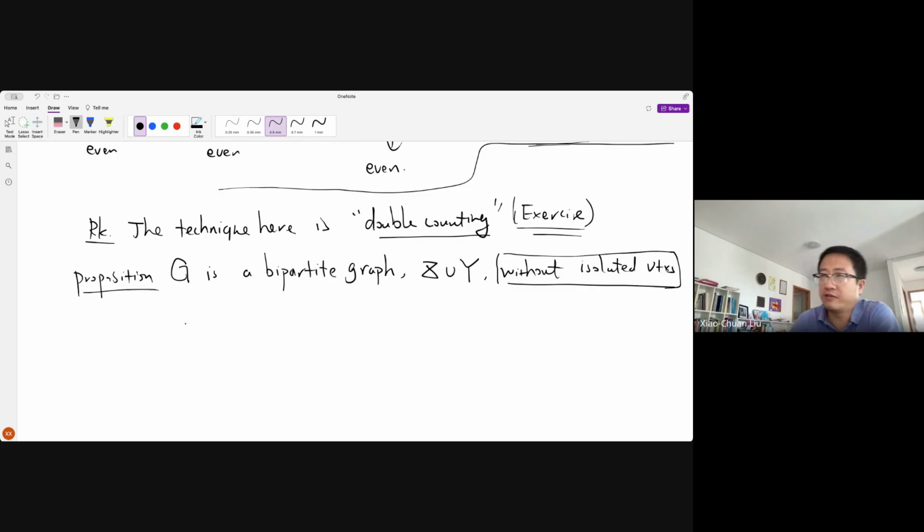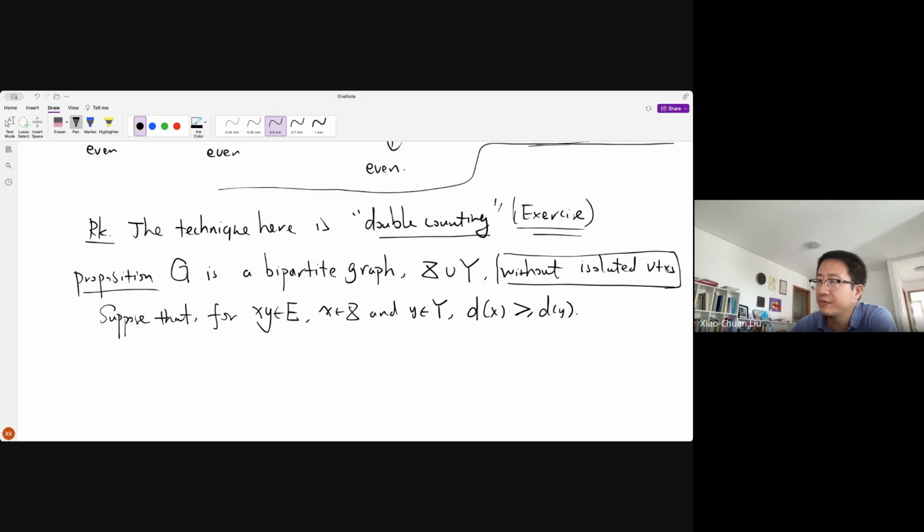So we have this assumption: G is a bipartite graph on X and Y. There is a condition. Suppose that for every edge xy, such that x in X and y in Y, the degree of x is greater than or equal to the degree of y. Let's try to understand this condition.